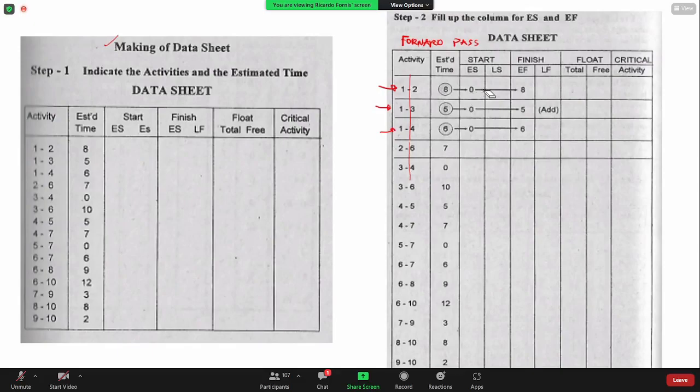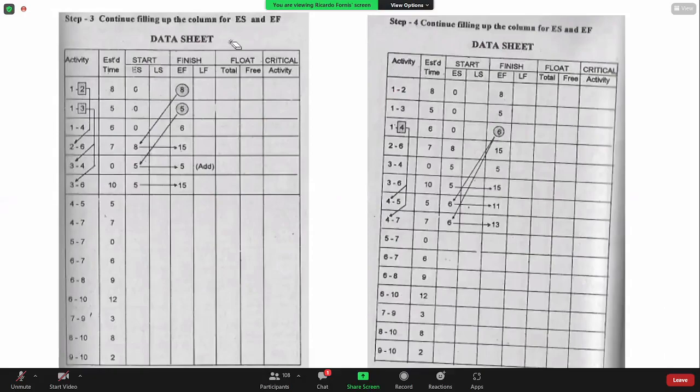Okay, I won't discuss it again, since it's the same as the precedence. You just add for the forward pass. So, activity: 8 plus 0, 6 plus 0, early finish. Then for the next one, continue filling up.